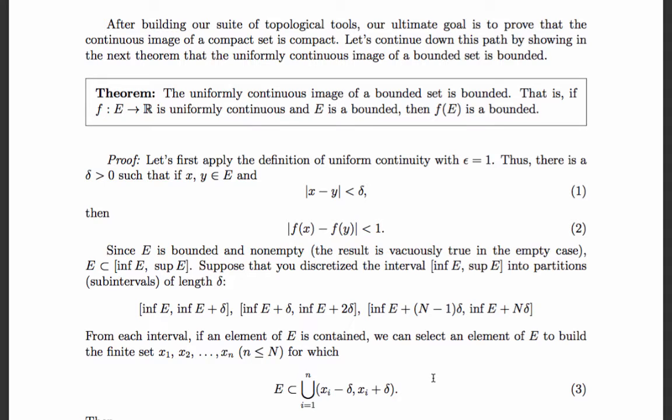Now, E is not necessarily closed, just bounded. So we are able to cover E with a finite set of open neighborhoods. But remember, not every open cover of E permits a finite subcover, but this one does because we crafted it to do specifically that.